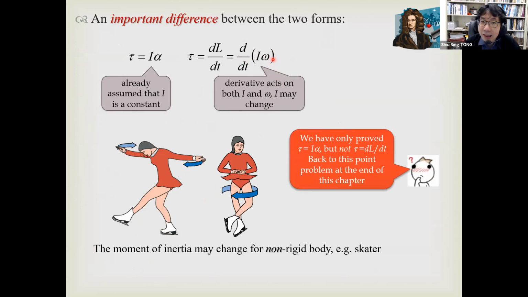Although I have said that, there is actually a very important difference between the two forms of Newton's law of rotation. The first form is tau equal to I alpha.